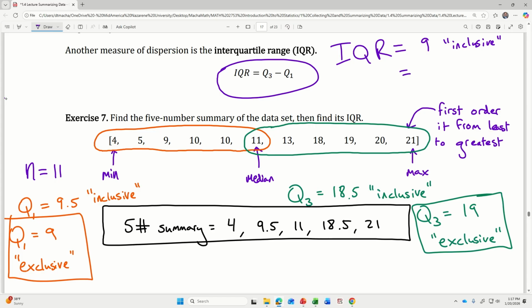And if I were to use the exclusive quartiles, that would be 10. Very tiny differences in the way that you choose to calculate those quartiles.